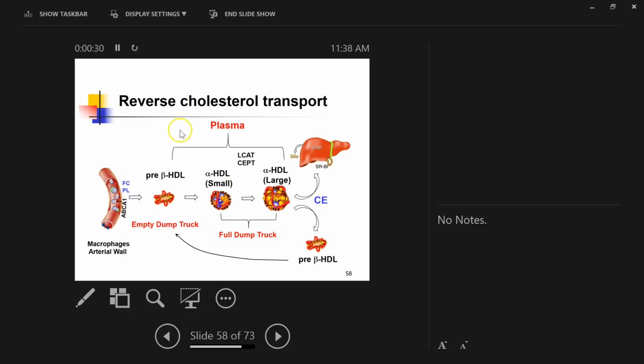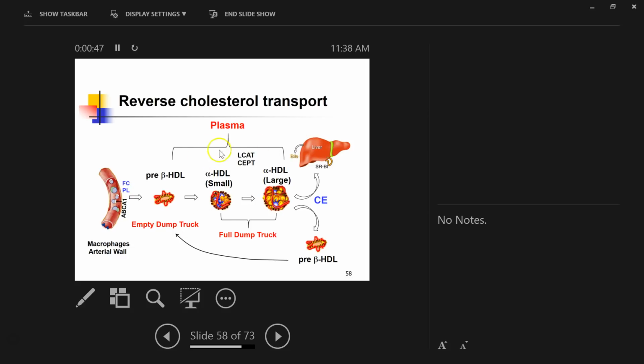The purpose of reverse cholesterol transport is to transport unneeded cholesterol from peripheral tissue back to the liver for disposal.